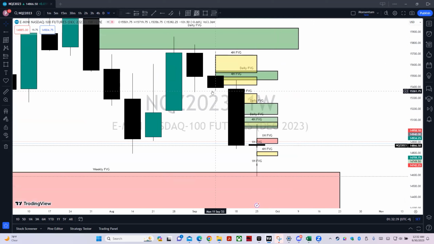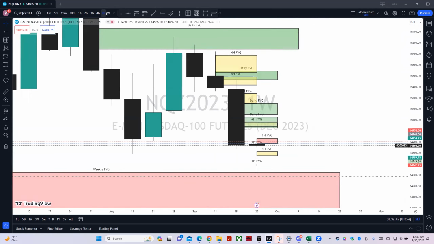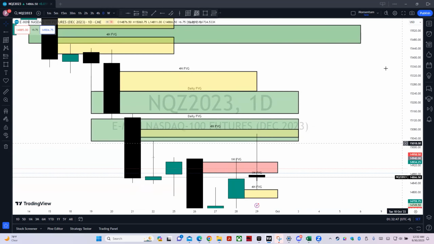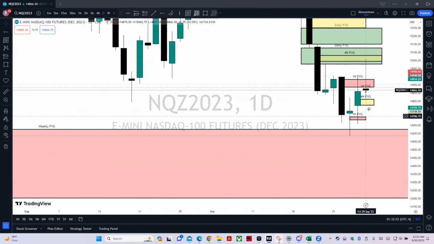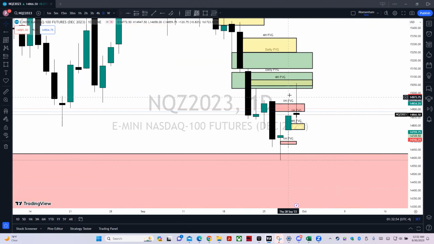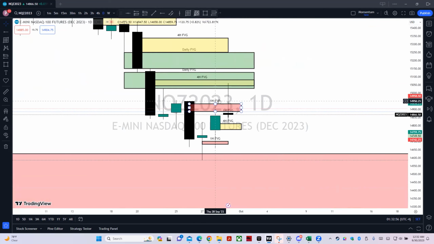We have another weekly fair value gap to the upside, which I believe is going to be taken rather soon. So start on the daily chart. On the daily chart, we saw yesterday how we came up and scorched the highs of last week, minus the 22nd.